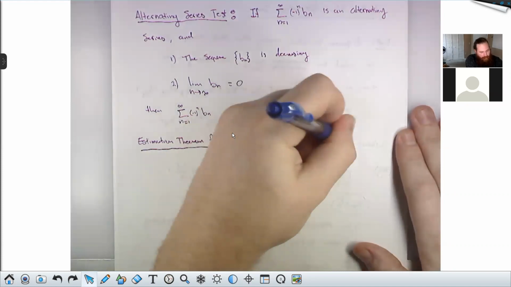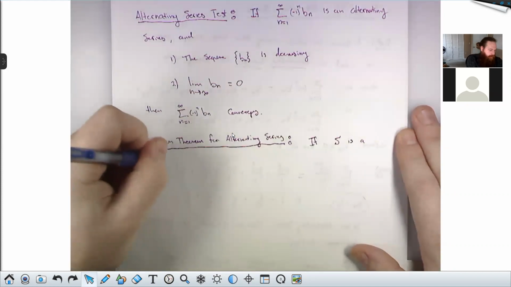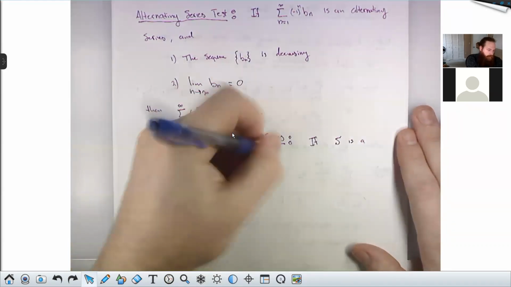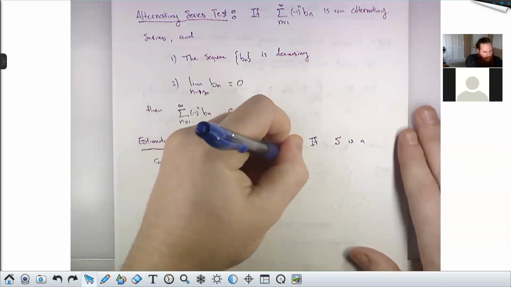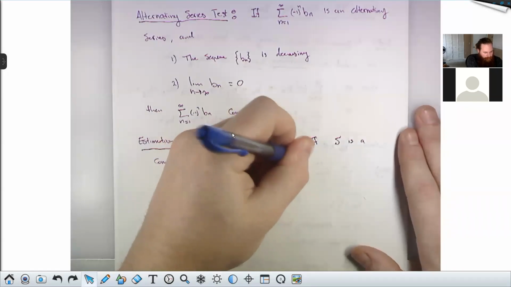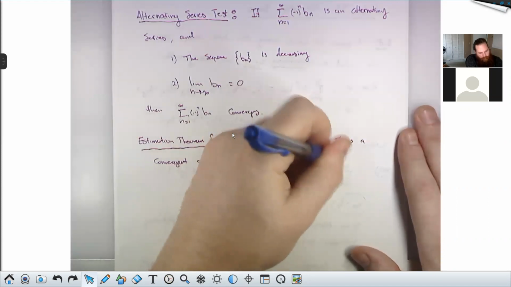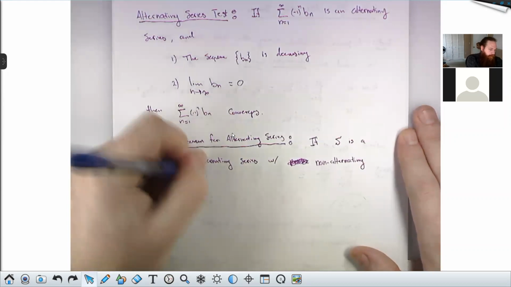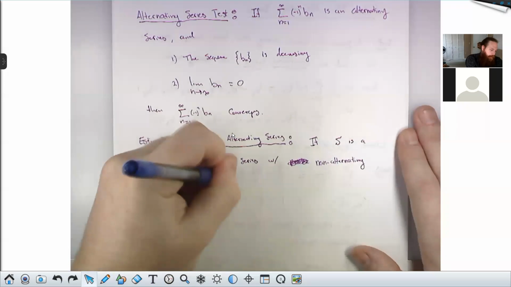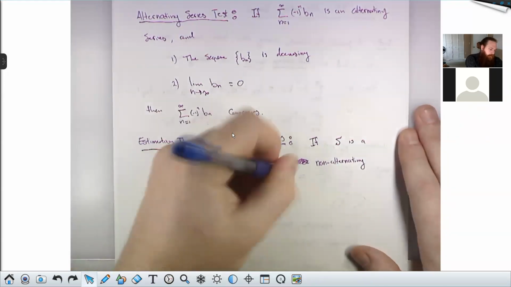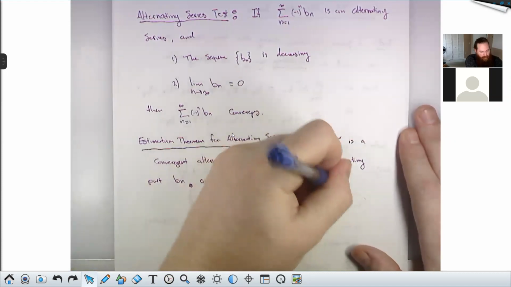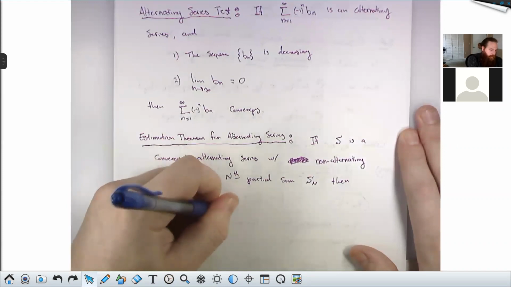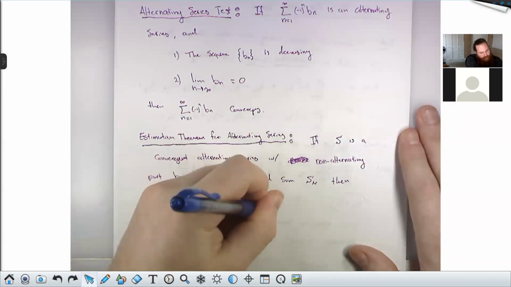It says if S is a convergent alternating series with positive or non-alternating parts Bn and capital Nth partial sum Sn, then the full value of the series minus the nth partial sum in absolute value is less than or equal to B sub capital N plus 1.